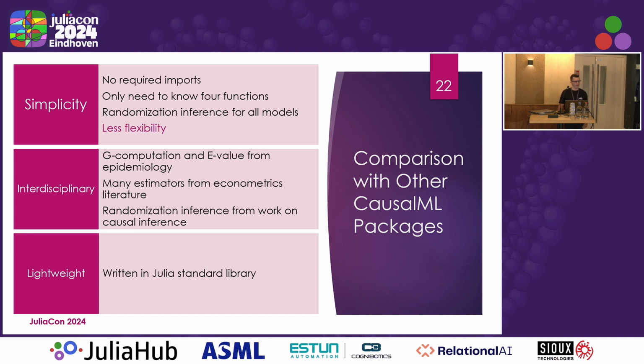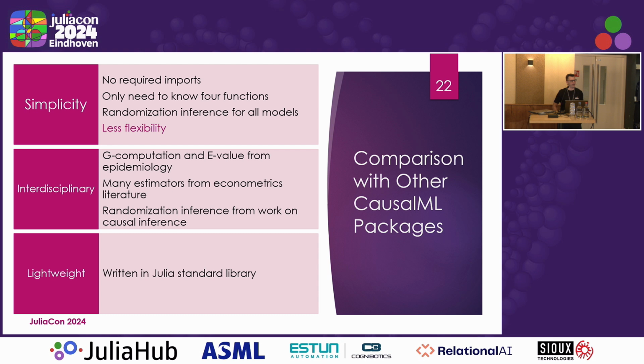It's also very interdisciplinary in its approach. So if you look at, again, a library like econML, most of the estimators implemented come from the literature on econometrics. In CausalELM, there's kind of a smorgasbord of different ideas here. So G computation and this idea of the E value actually come from the epidemiology literature.